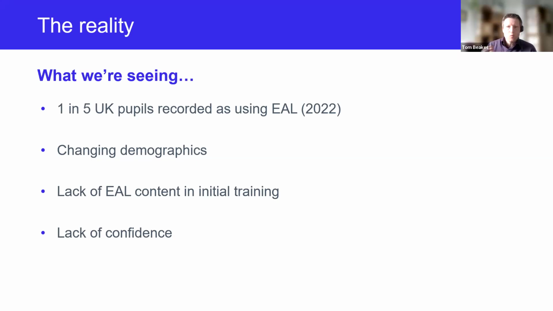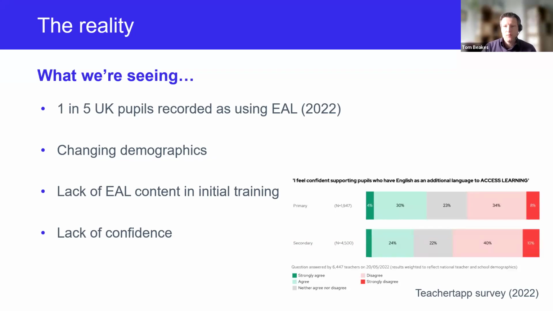And we know that there is a general lack of confidence among teachers in their ability to support learners using EAL, with 40% of primary teachers and around 50% of secondary teachers expressing a lack of confidence in a 2022 Teacher Tapp survey, with, I think it was up to around 6,500 respondents. So staff are feeling ill prepared, and understandably so, I think, based on what we've just talked about.